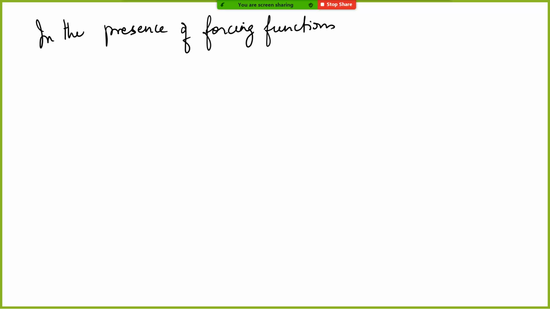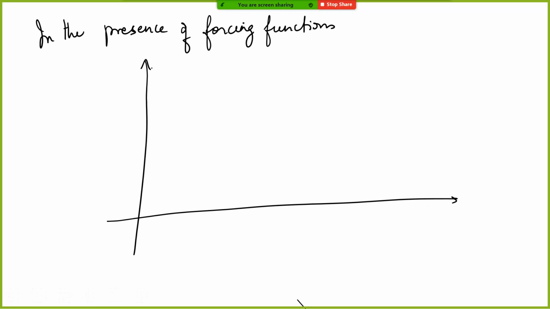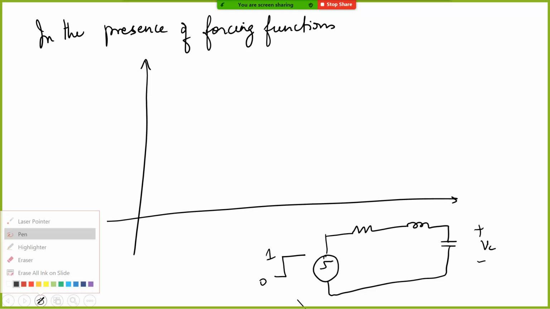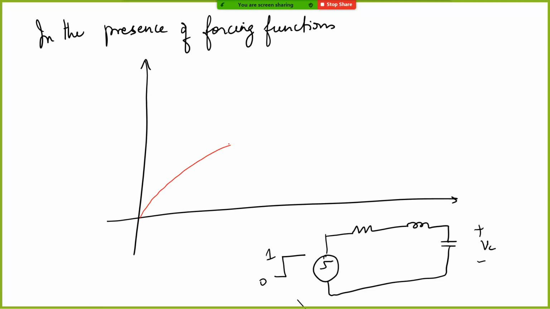let me take a very common example where you give a step, from 0 to, let's say, 1, to some R, L and C. If you're looking at the voltage across the capacitor, then if it is an overdamped system, it will go slowly like this and settle.